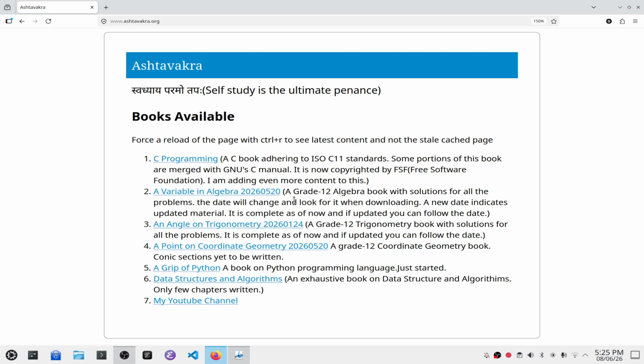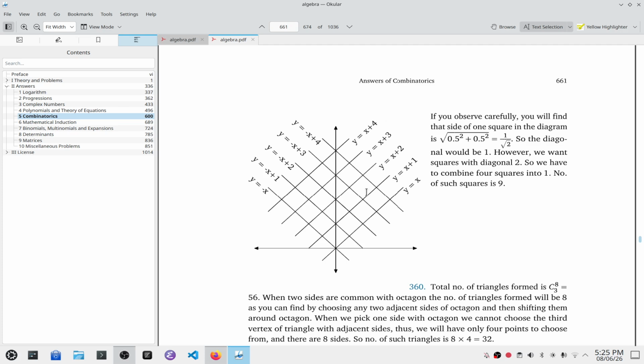Again, I will request you to watch the previous videos because a lot of it has been covered in previous videos. For example, how would you count the squares if the number of sides or number of lines is large? So you see how this came to be 9. You pick 4 squares, it occupies 2 squares along the length. So you shift 1, 2.